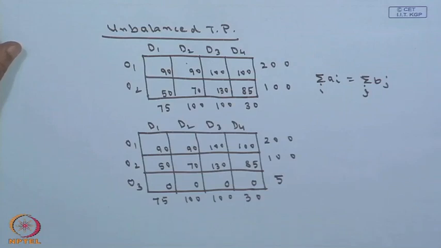If the demand is more, you have to add one dummy row, and if the availability is more, you have to add one dummy column, to make total demand and total availability equal, and you are making it a balanced problem. Once I have converted it into a balanced problem, I can solve the transportation problem by the methods we have already discussed. So, these are various cases which may arise in the transportation problem.